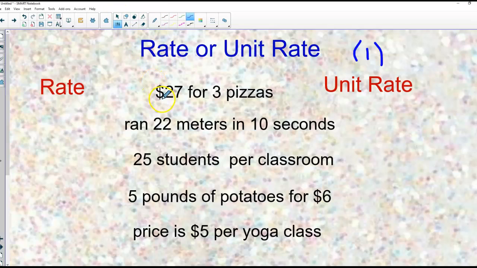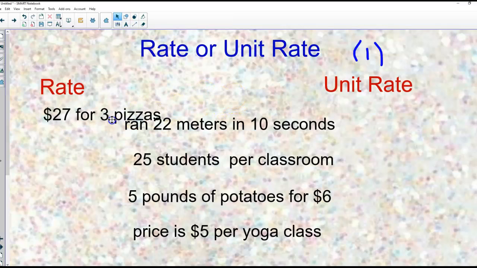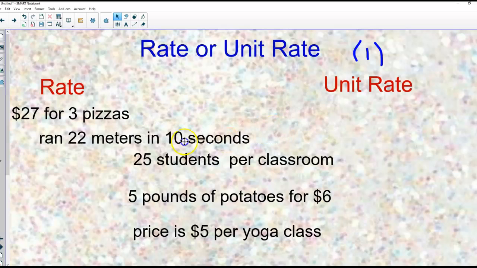So we spent $27 for 3 pizzas. So as I look at that, I don't see anything that has the unit of 1. If it's more than 1, it is a rate. So I'm going to slide it over here. Someone ran 22 meters in 10 seconds. Again, I don't see any unit that is 1. So I'm going to move it to the rate column. It is a rate.